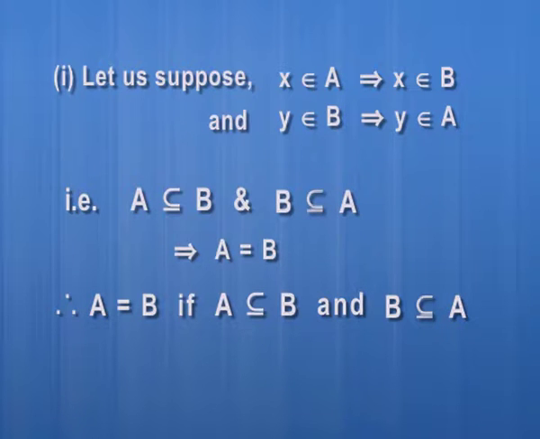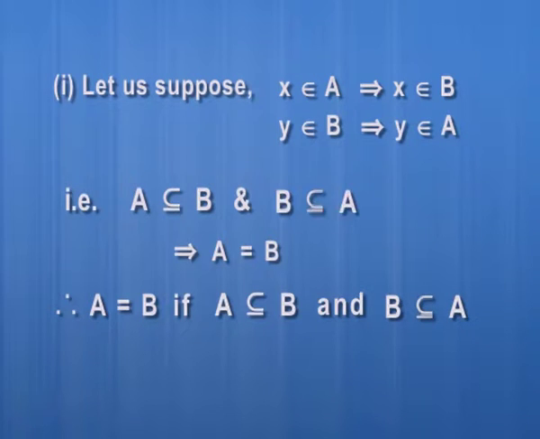A is contained in B means all the elements of A are in B. Then I am telling B is contained in A, all the elements of B are in A. That means A has all the elements which are in B and B has all the elements which are in A. So, we can conclude that A is equal to B.